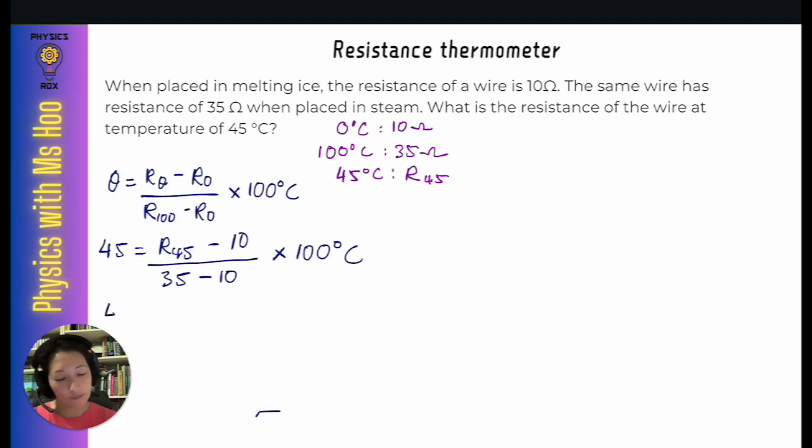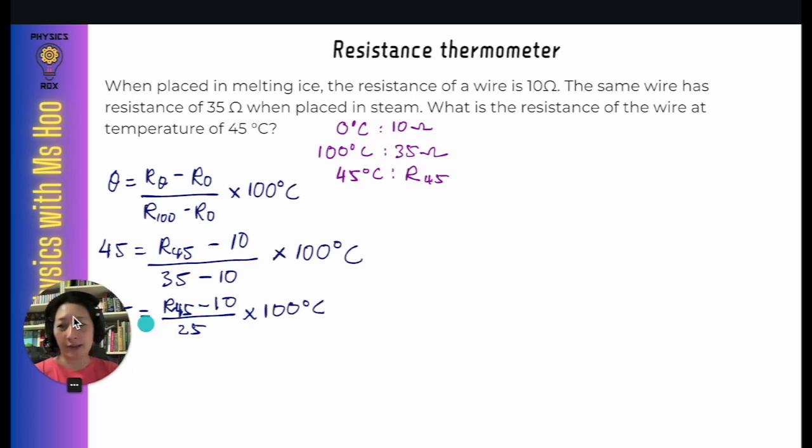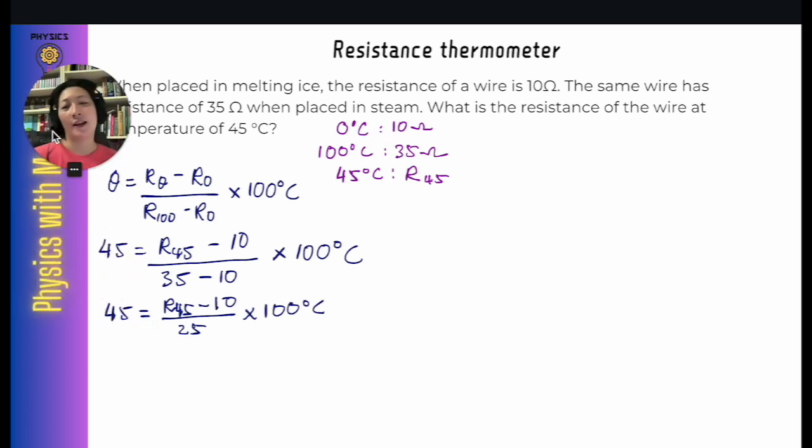So we have 45 equals R45 minus 10 over 25 times 100. So now I'm going to move my face out of the way. Okay, we're going to make R45 the subject, but I'm going to do this step by step for those who may need some time to understand this mathematical process. So I'm going to keep this as R45 minus 10.